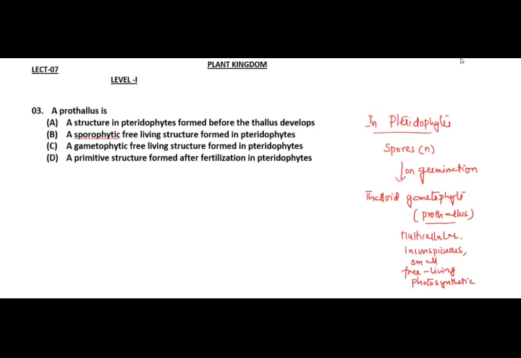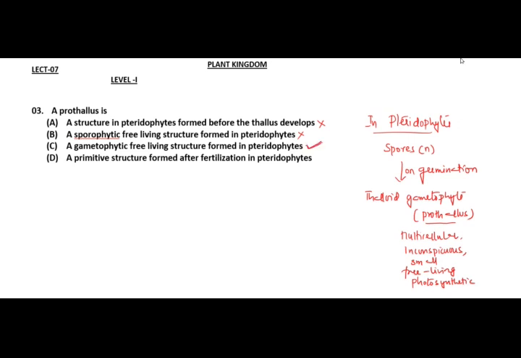Let's see the options. A structure in pteridophytes formed before the thallus develops. No, that's a wrong statement. A sporophytic free living structure. Prothallus is not a sporophyte. This is wrong. Then a gametophytic free living structure formed in pteridophytes. Yes, this is a right statement.